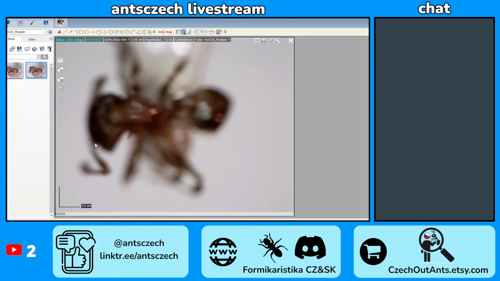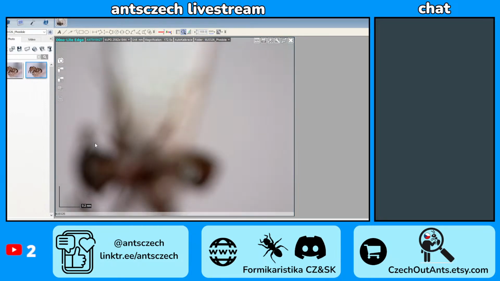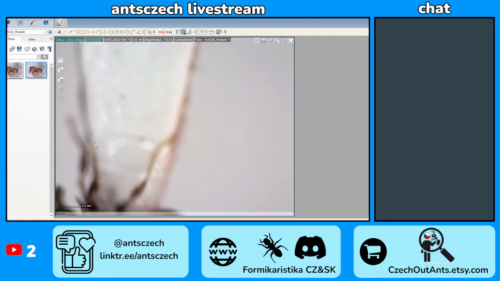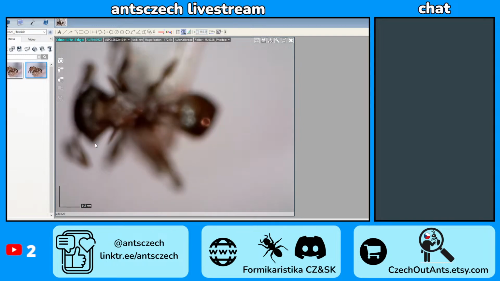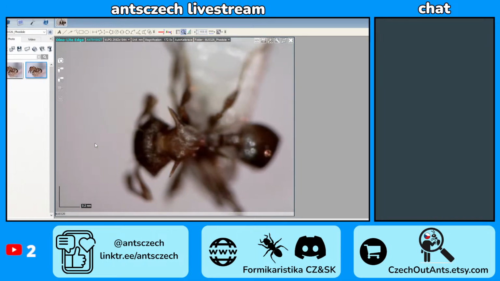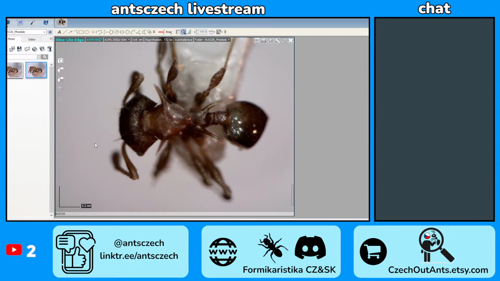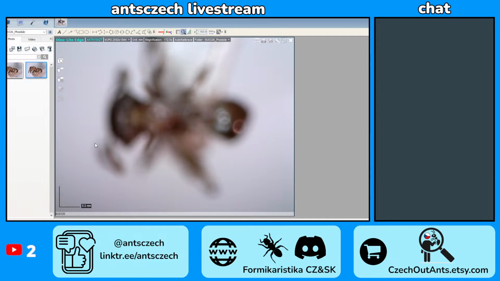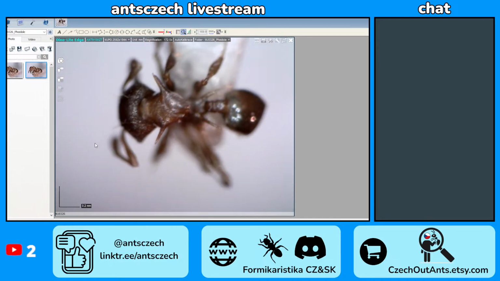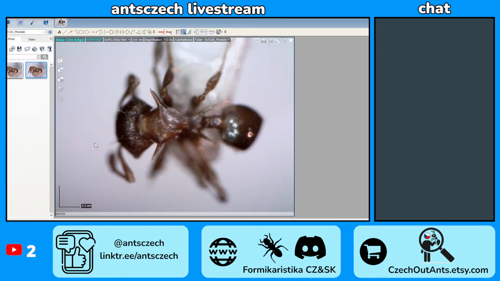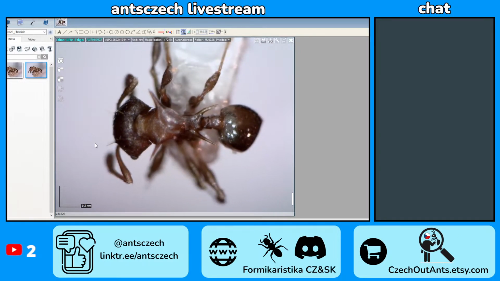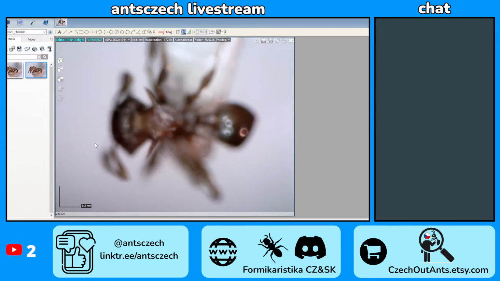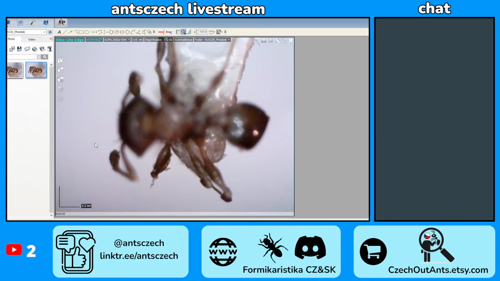So basically, you need to look at the head to identify them. Like the Pheidole? No, the Leptomyrmex. Let's see. Maybe I can ID it now. You already posted some pictures. You can check. I have the pictures still from your stream before. I can just go back in time in the stream.